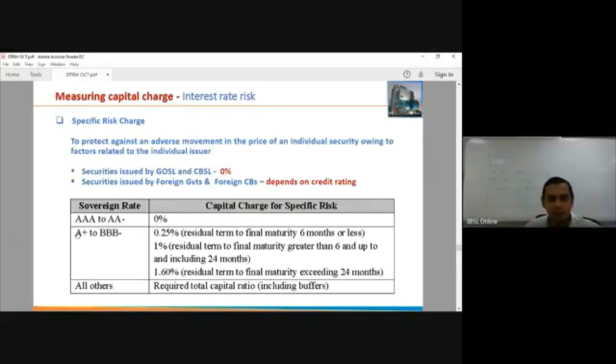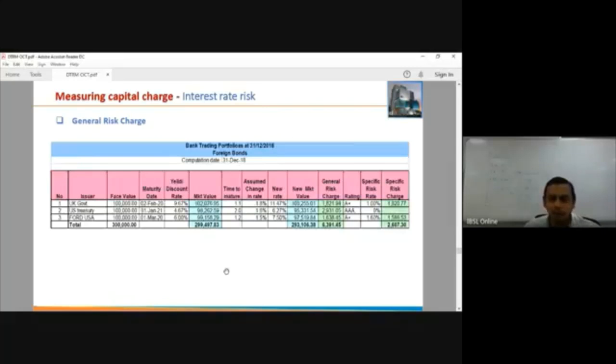So A+ falls to the second bucket. But again, that second bucket has 3 types of charges depending on the residual maturity. So then we have to see what is the remaining maturity for that instrument.